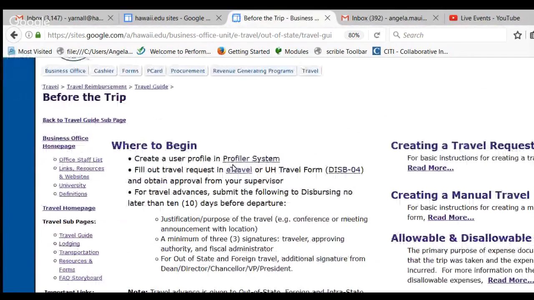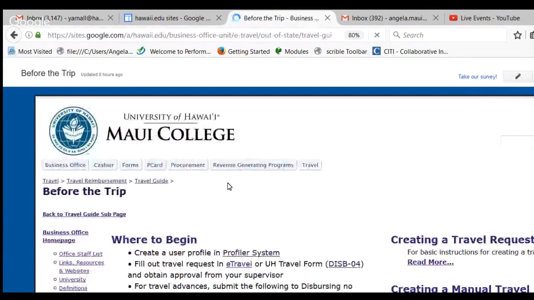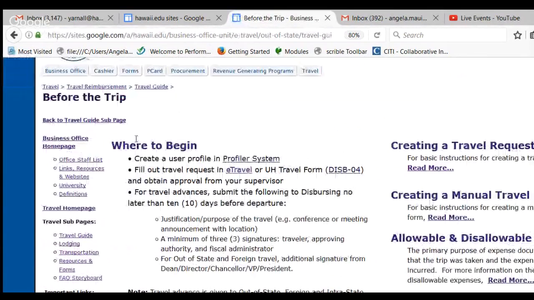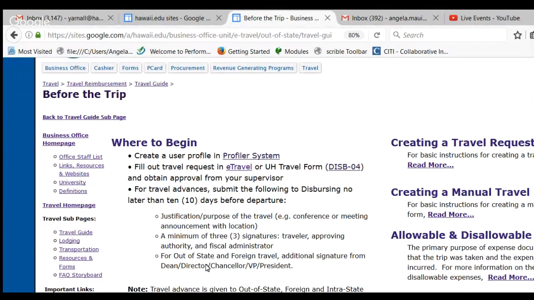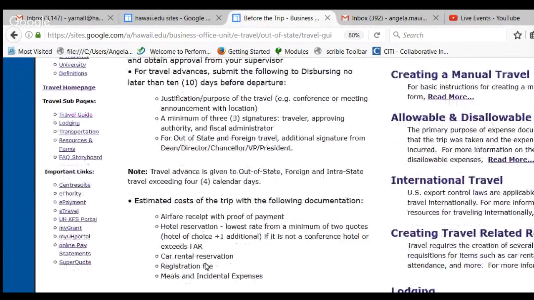So before the trip, what to do. Okay, that one's good. And then where to begin goes to e-travel. No later than 10 days. Creating travel requests.